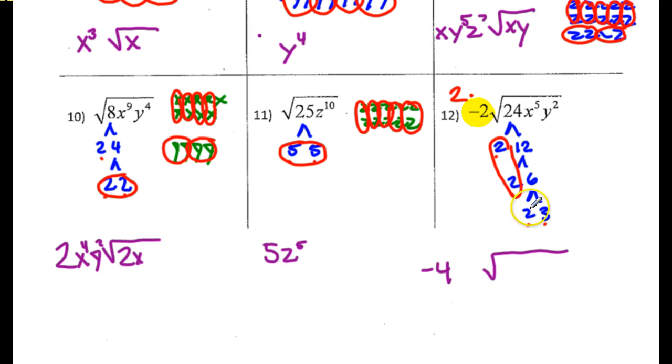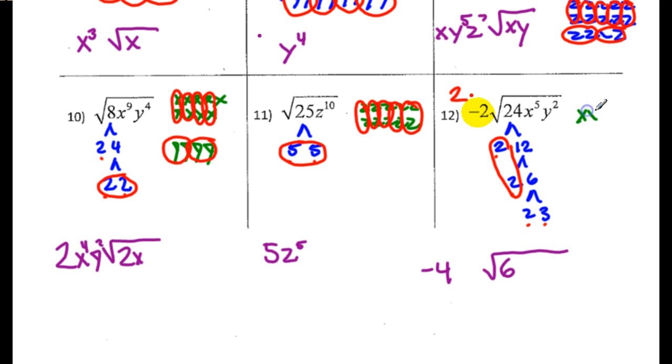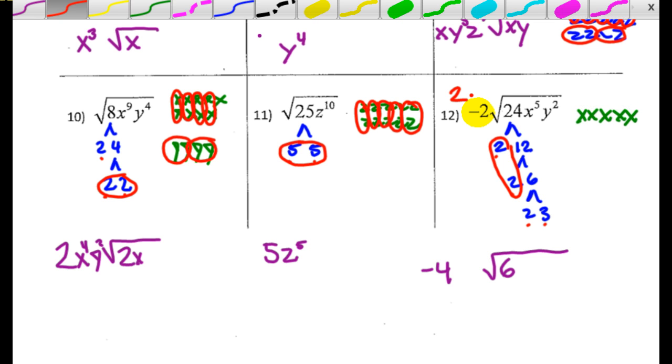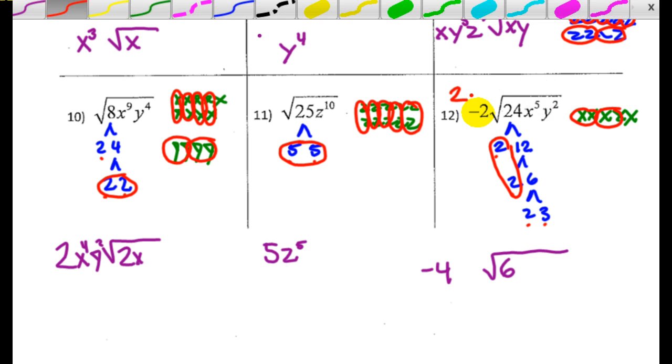Same thing here. I got a 2 and a 3. I can't put 2, 3. That says 23. So I just put it back together. 2 times 3 was the 6. So the 6 is inside. Okay? Now I've got x to the 5th. So that's 1, 2, 3, 4, 5. By now you can probably do these variables in your head, but that's 2 pairs of x's.